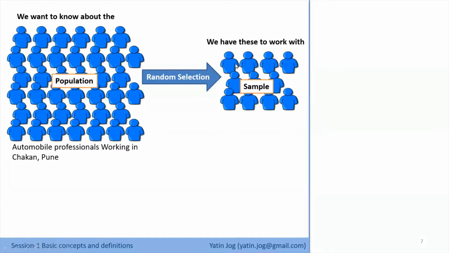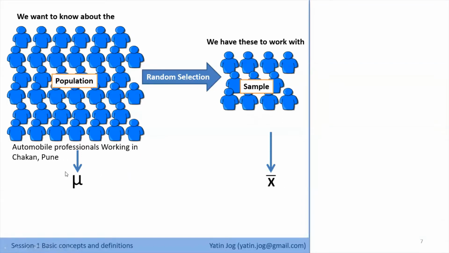Now, after collecting data from 500 working professionals, which are part of my sample, suppose I come to know that the average salary of the sample objects is 80,000. Now, when I say average salary of sample, we have to remember there are different notations for population and different notations for sample. Generally, the Greek characters, mu, rho, sigma, are used for population, and English alphabets are generally used for sample.